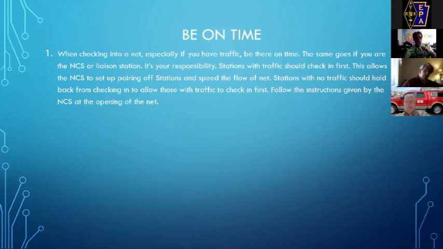And if we have message traffic going to your area, we know to get you with the station that's holding the traffic to get that traffic moving. We might send you off frequency, or we might send the traffic on the net frequency. Stations with no traffic should hold back from checking in until after the traffic stations are all checked in and traffic is listed. Follow the instructions given by the NCS at the opening of the net.